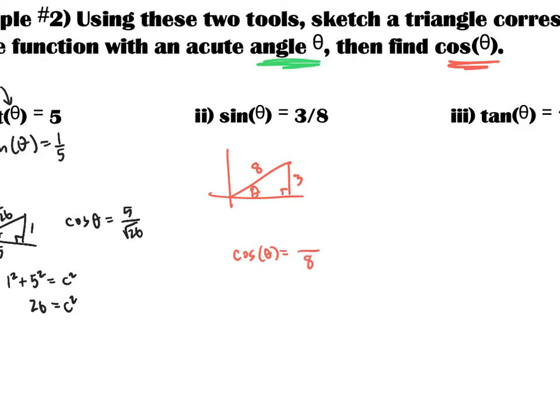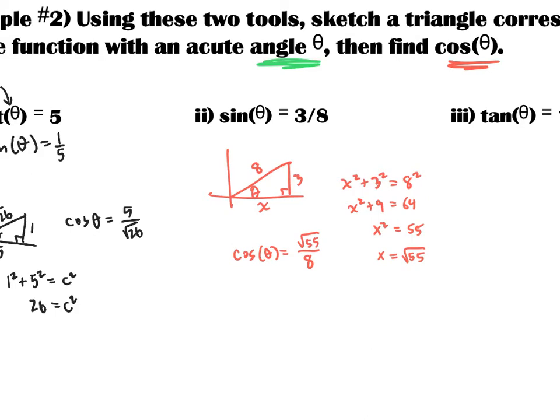So Pythagorean theorem would tell me that, I'm going to call this, just for a moment, x. So x squared plus 9 is equal to 8 squared, which is 64. So x squared is equal to 55. Therefore, x would equal the square root of 55. And there's the cosine of theta.